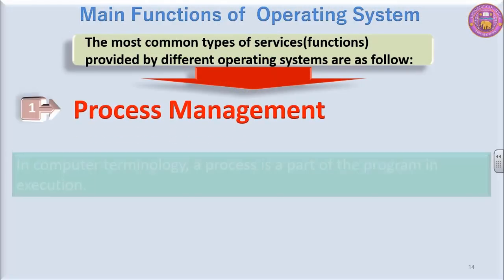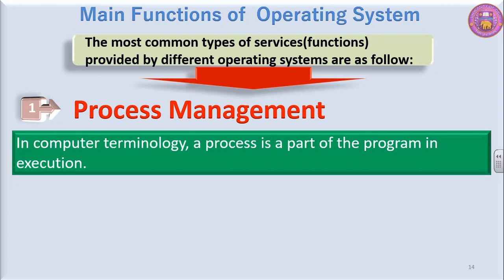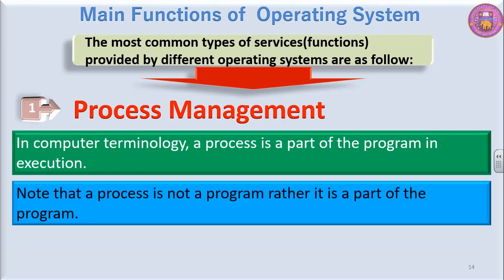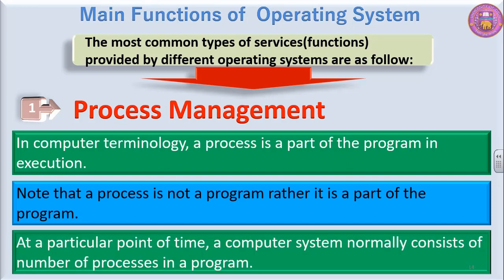Process management. In computer terminology, a process is a part of the program in execution. Note that a process is not a program, rather it is a part of the program. At a particular point of time, a computer system normally consists of number of processes in a program.